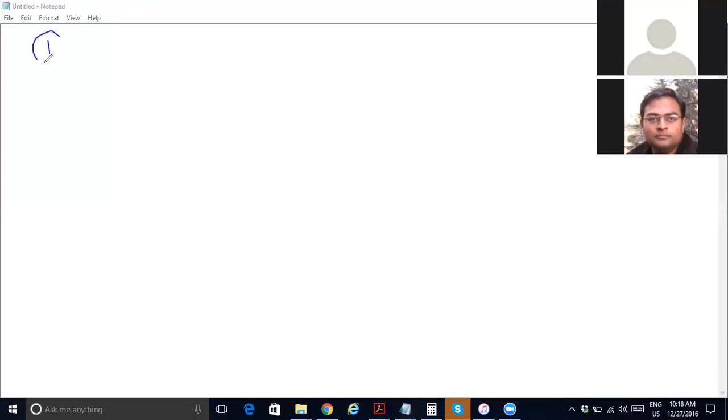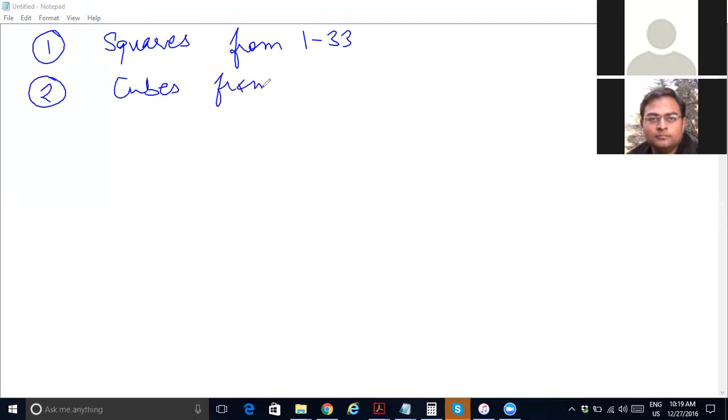So first, you need to memorize all the squares from 1 to 33. Cubes from 1 to 12. 1 upon n as percentage and decimals.